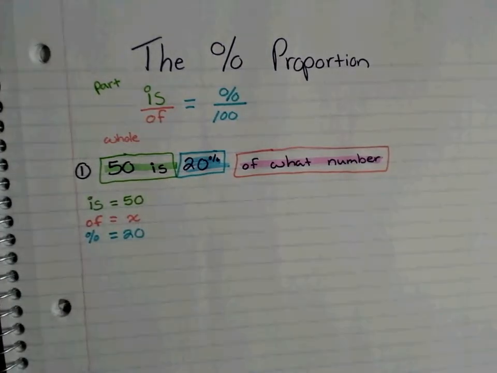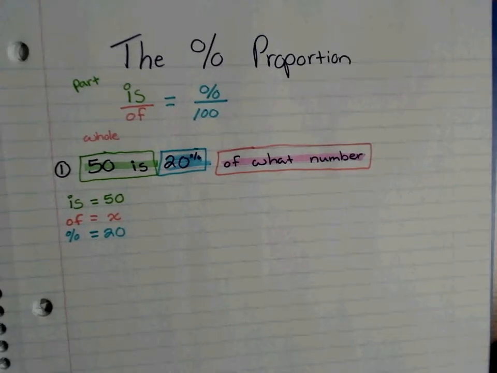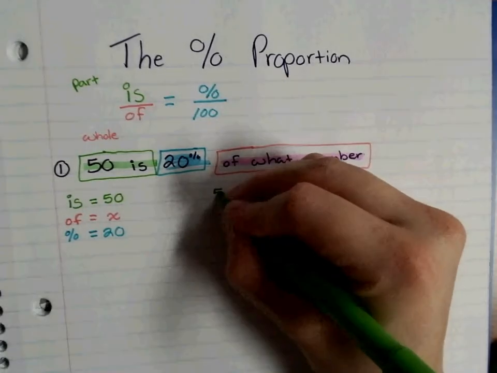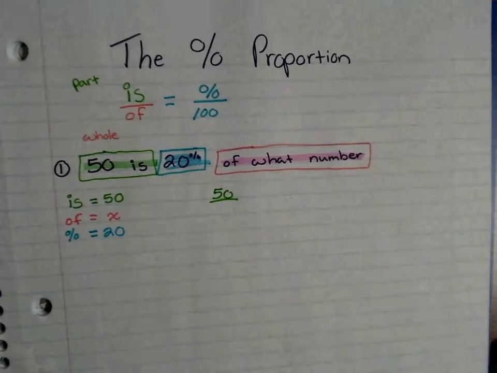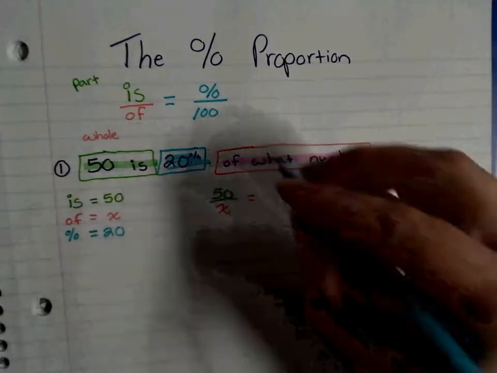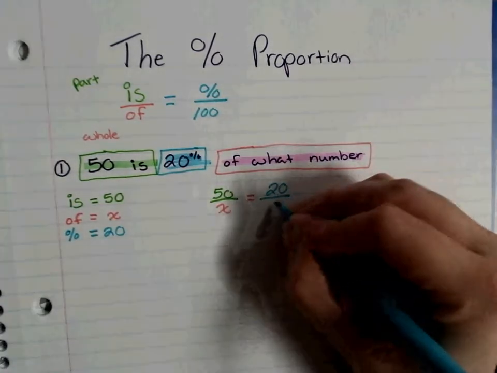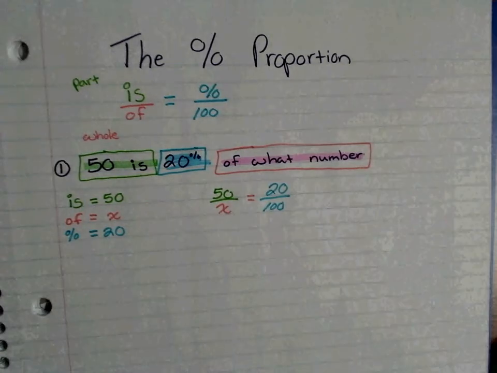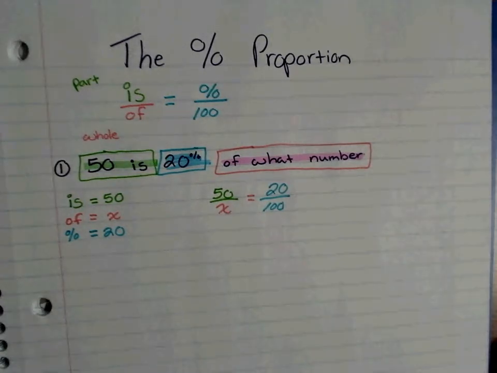So now we just fill this information into our proportion that we have set up. Is over of, so that means it's going to be 50 over x equals the percent, which is 20 over 100. So we've got 50 over x equals 20 over 100, and then we just solve.